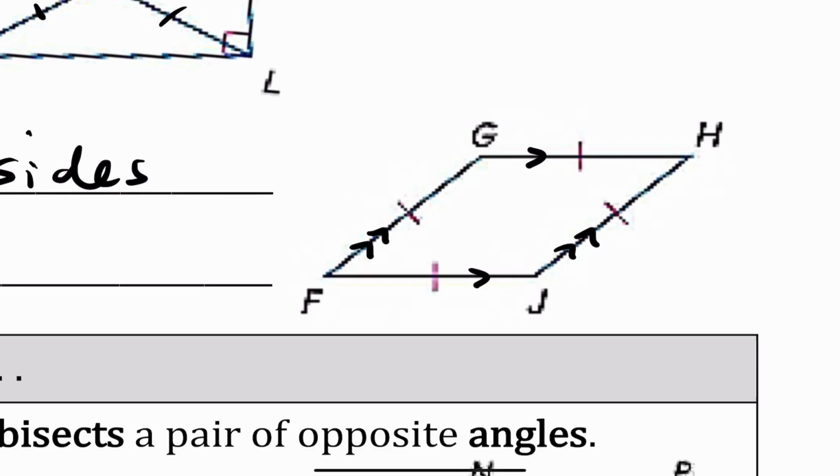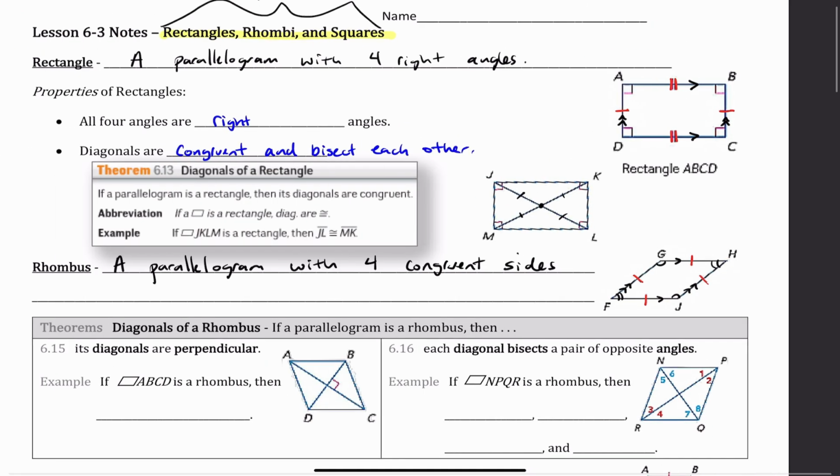The opposite sides are congruent, but since it's a rhombus, what's so special about a rhombus is that it has four congruent sides. So we actually put one tick mark for each to tell the reader that all the sides are congruent. And then we have the opposite angles are congruent. And then the consecutive angles are supplementary.